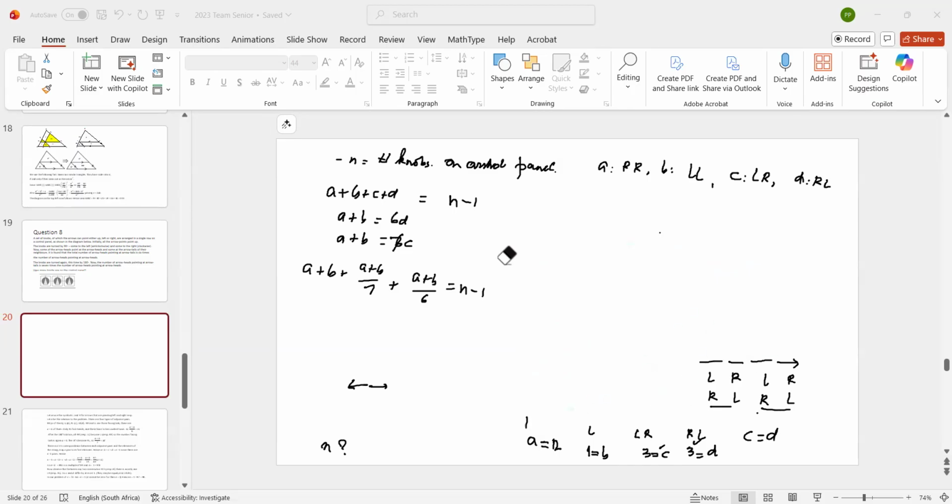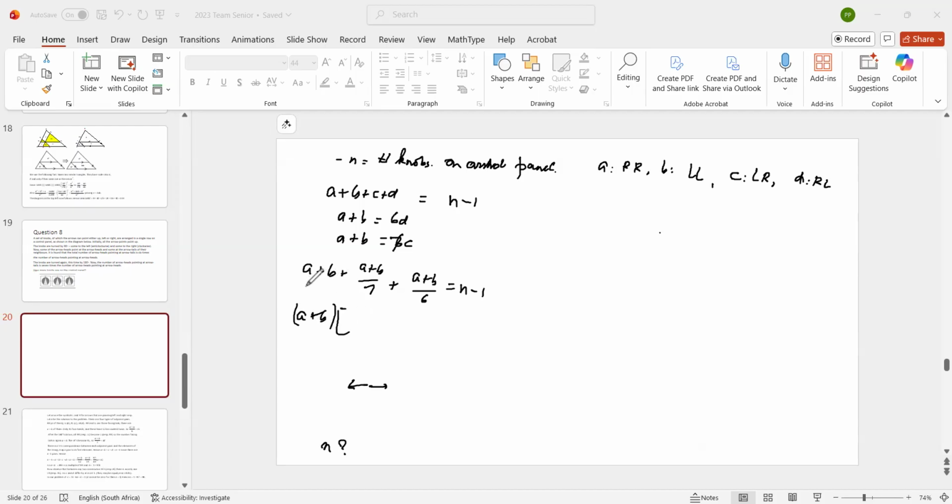Okay, now you can see I can take out A plus B as a common factor in that equation. A plus B times 1 over 7, 1 over 6 is equal to n minus 1.